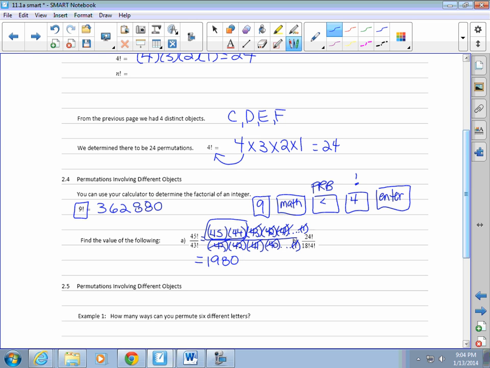So B, 24 factorial divided by 18 factorial divided by 4 factorial. To write this out would take you forever.